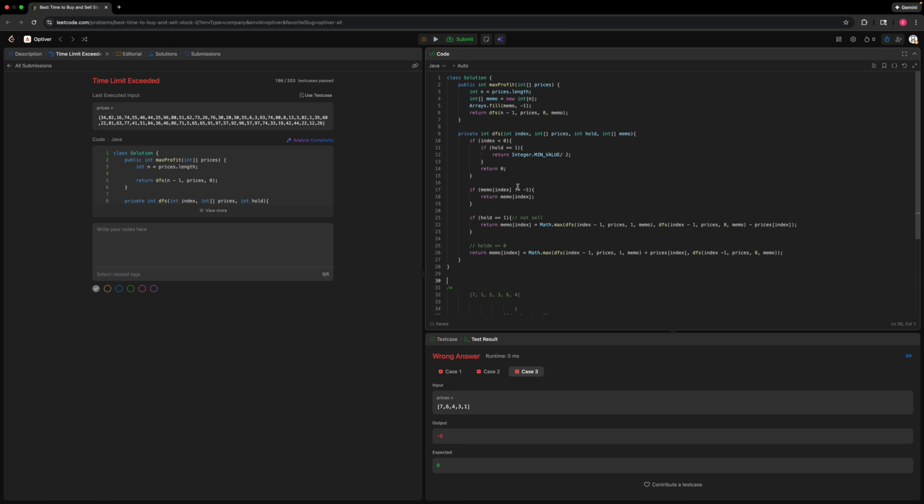Why did this happen? Let me think about this. Is hold this one, right? So this memory index. Okay, I think I cannot do it in this too simple way because I also need to check the hold.